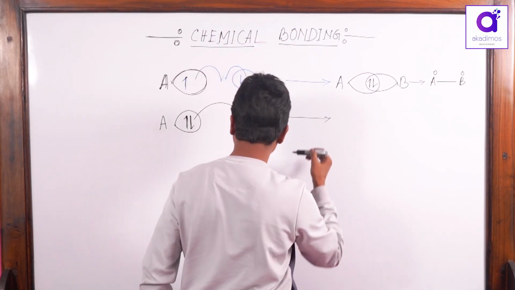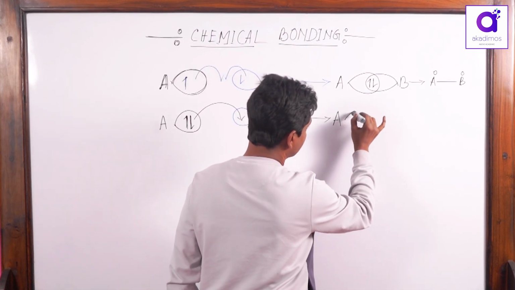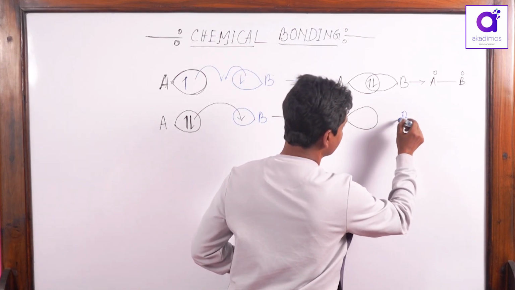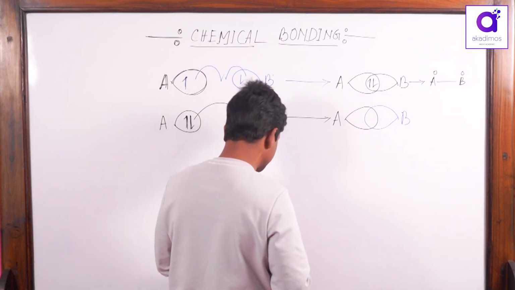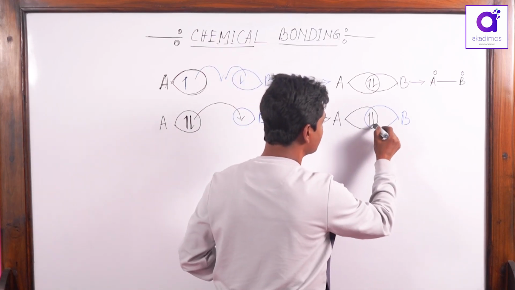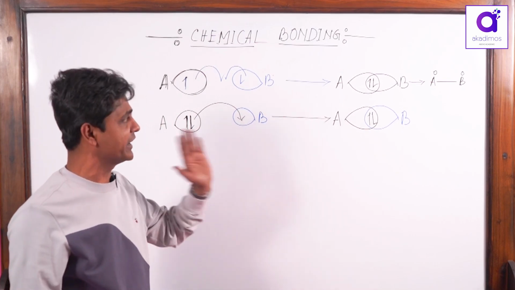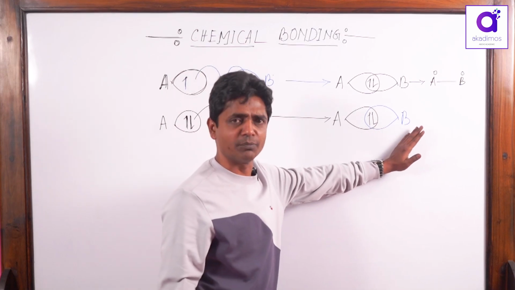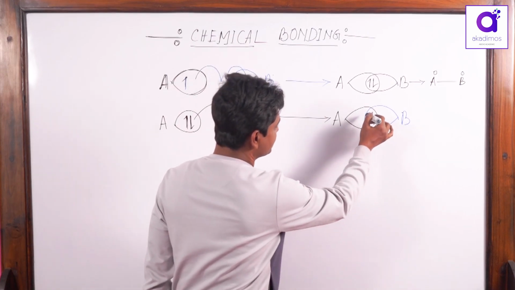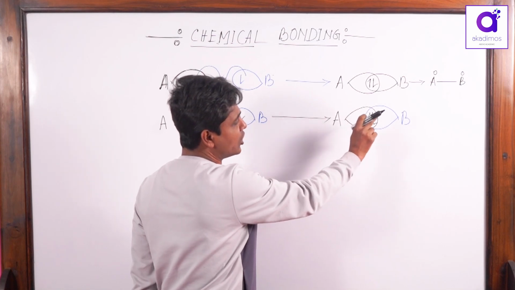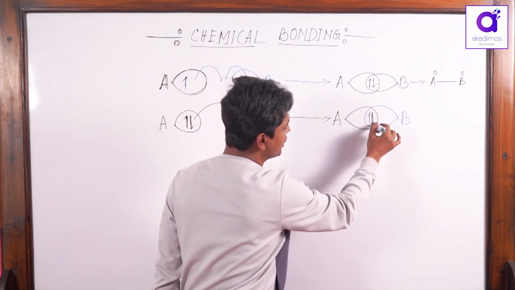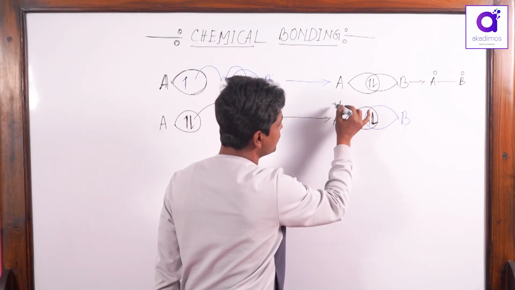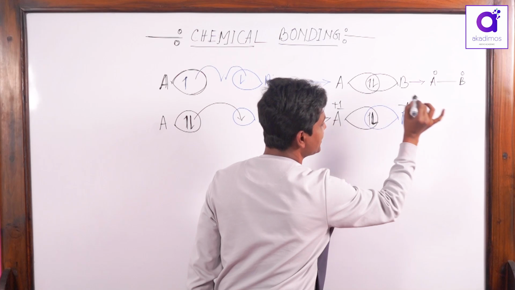And you will get here A, this is an orbital, and B, its orbital, and both electrons come from A. Remember, both electrons come from A. To form a bond, one electron is required from A, another electron from B. Actually, both electrons are from A, that means one electron is given to B, and one electron is given to B, that's why the formal charge is plus 1 and minus 1.